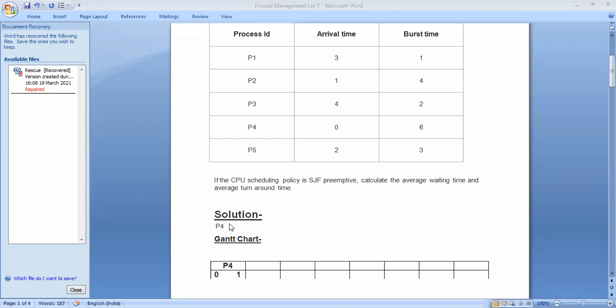Okay, now screen is visible. Yes, sir. Okay, sorry for that network issue.